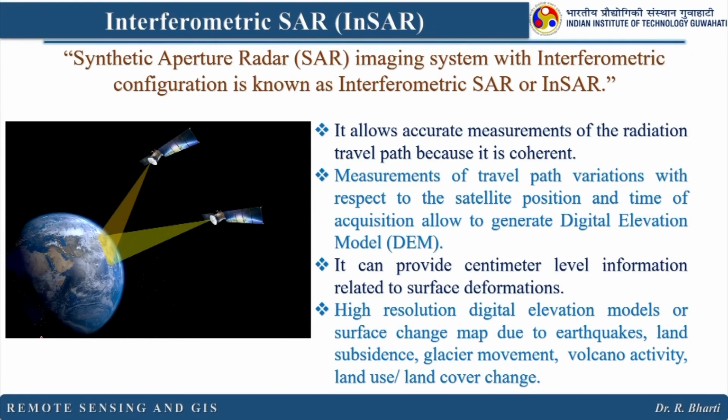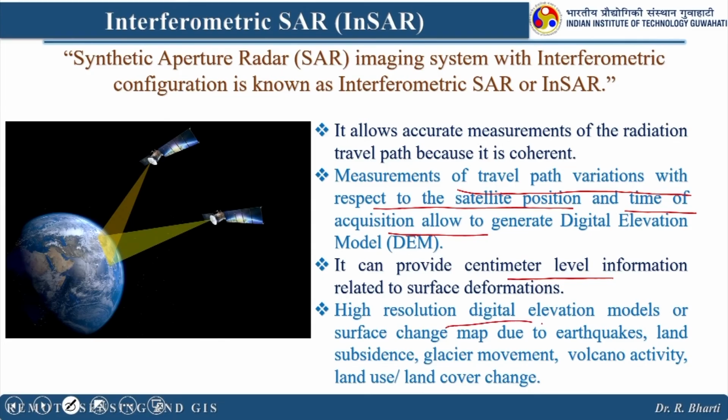So, that is why in INSAR you have the capability of measuring travel path variation with respect to satellite position and time of acquisition, which actually allows us to generate the digital elevation model, and it can be centimeter level accurate.